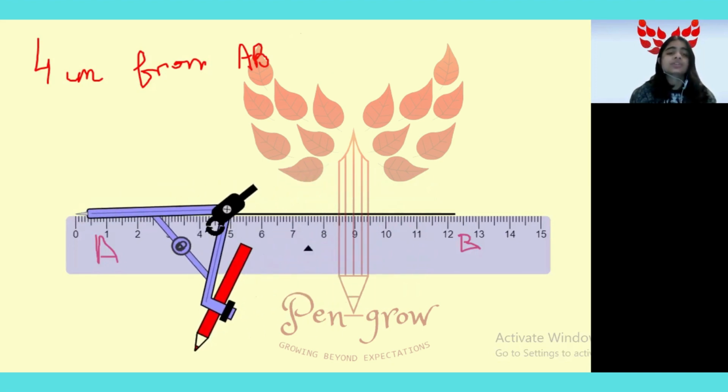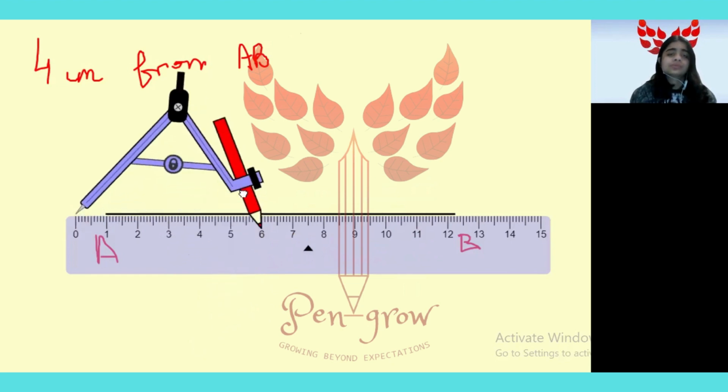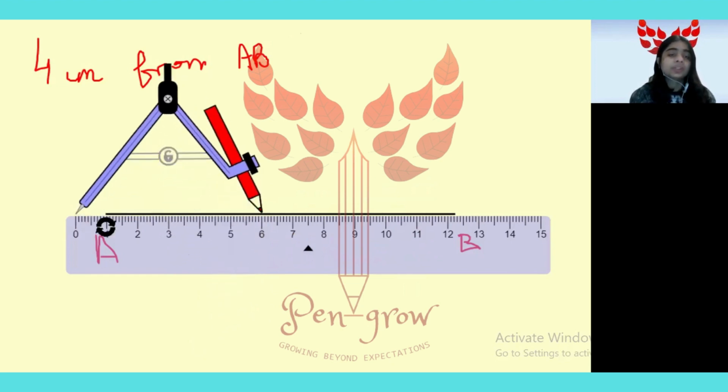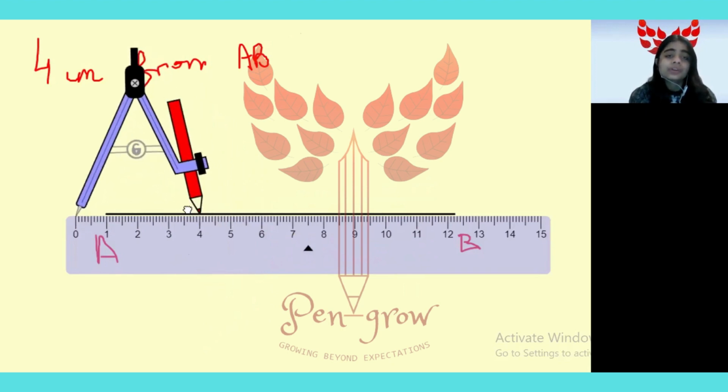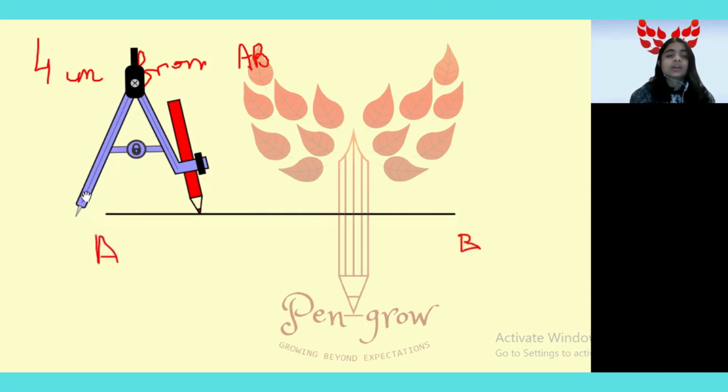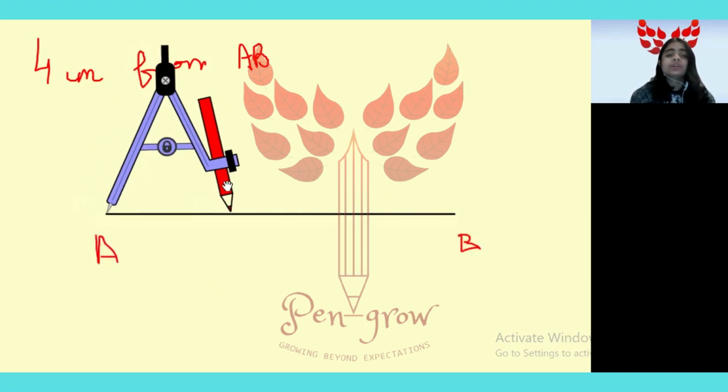Let's measure it. Let me open this lock. Let me keep it here and 4, right? So I get it at 4, I lock it. Let me keep the ruler. Okay, we keep it here.